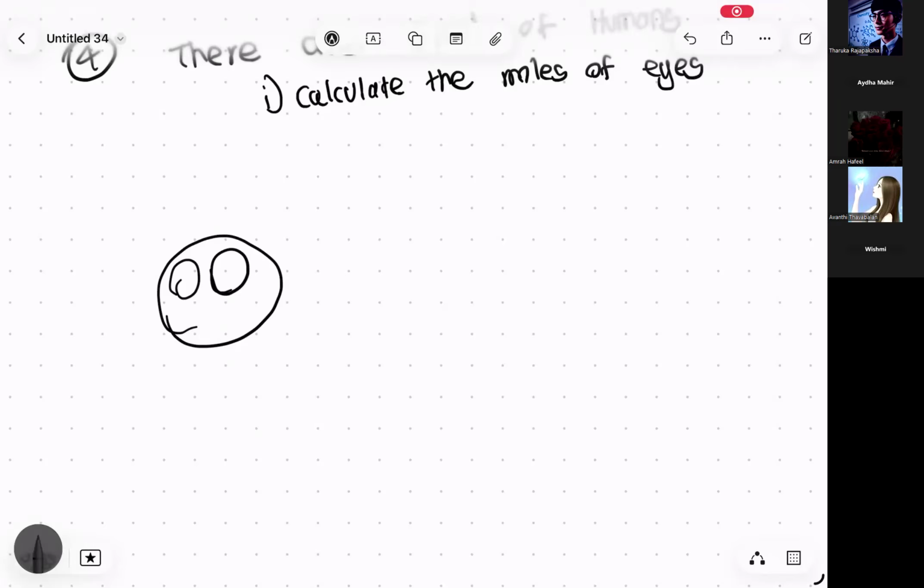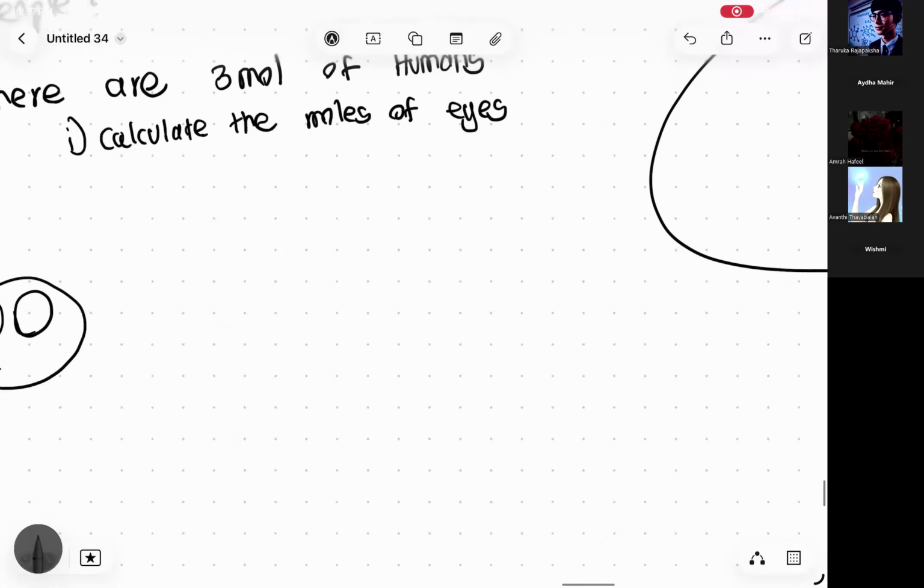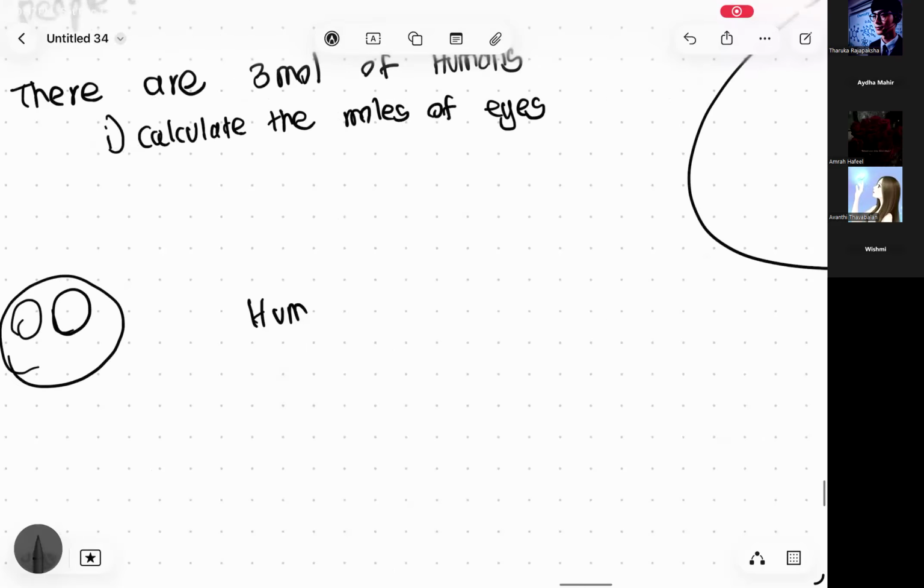One human has two eyes. So there's a ratio. What's the ratio? Humans to eyes ratio is 1:2. You know the number of moles of humans: 3 moles.